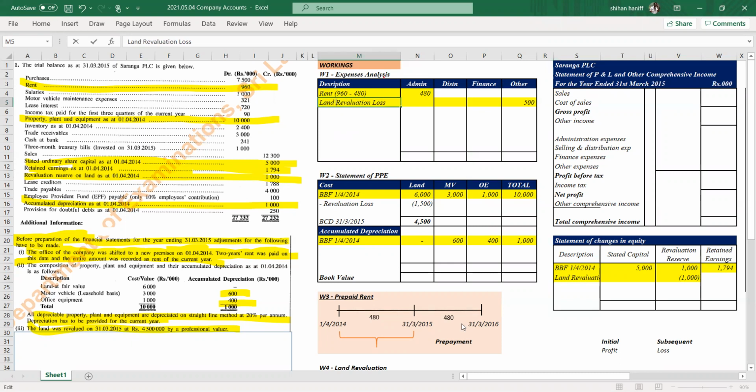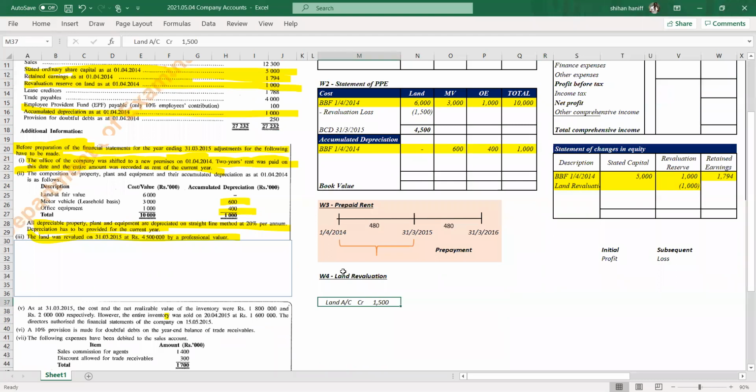Land revaluation loss. I'll explain again. Now, land was revalued. Land balance decreased by 1,500.